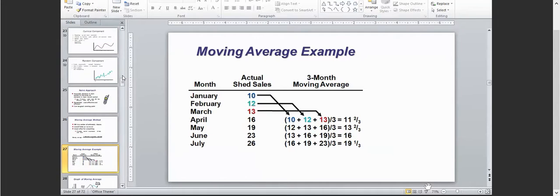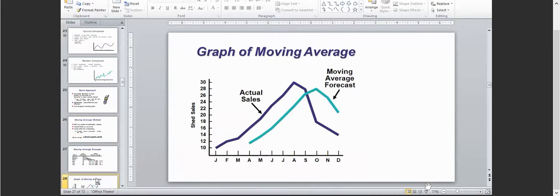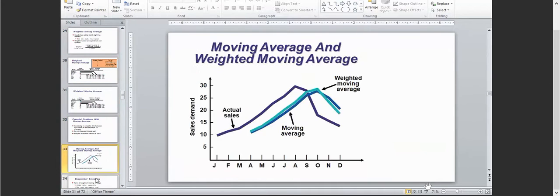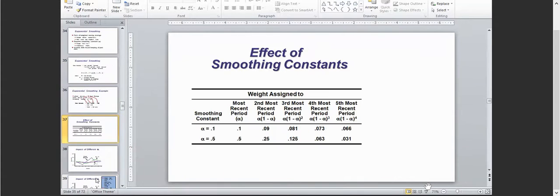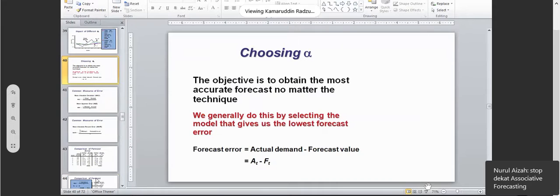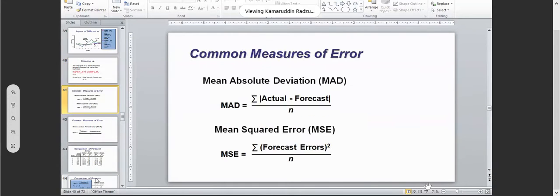Which technique? We have discussed the moving average, right? Weighted moving. Okay, associative forecasting. Thank you.